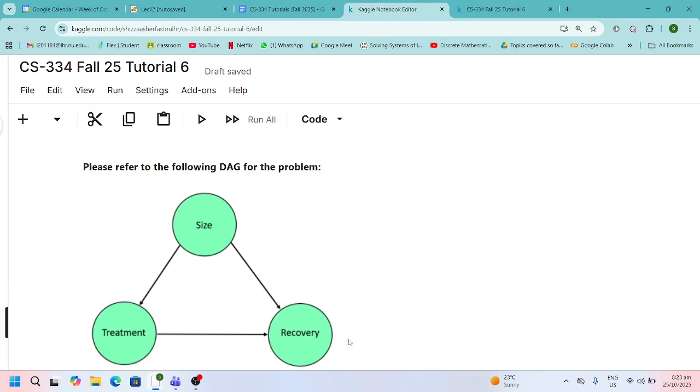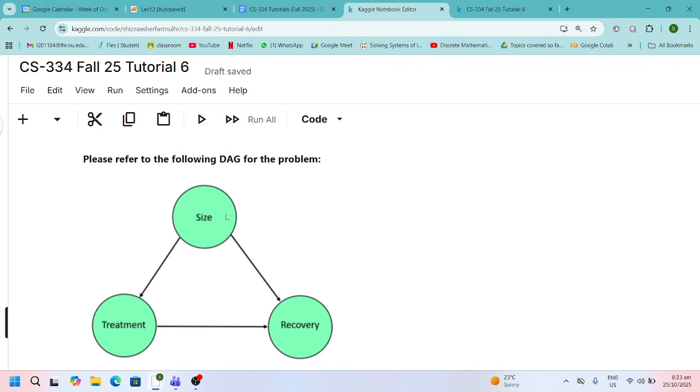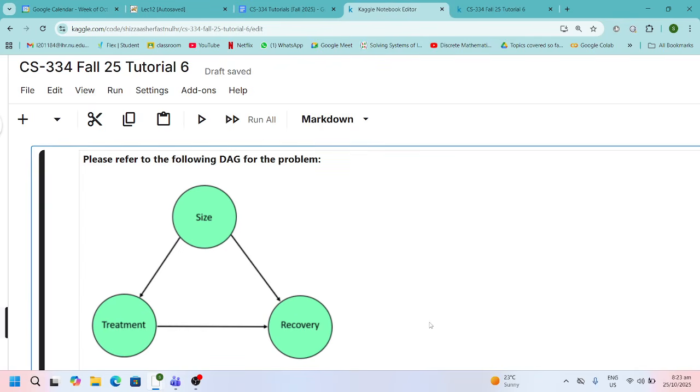Of course, the treatment is going to impact the recovery, but size impacts treatment and size impacts recovery as well. Recall that this particular structure that we observe in a causal DAG is called a confounder. Size is a confounding variable. A confounding variable is something that affects both your treatment and your outcome directly or through another variable.